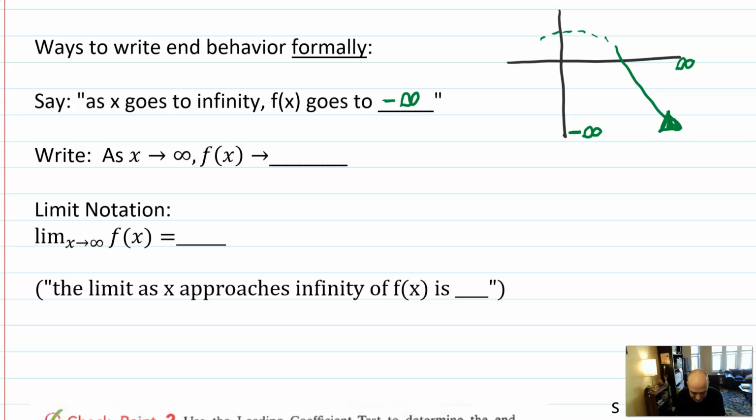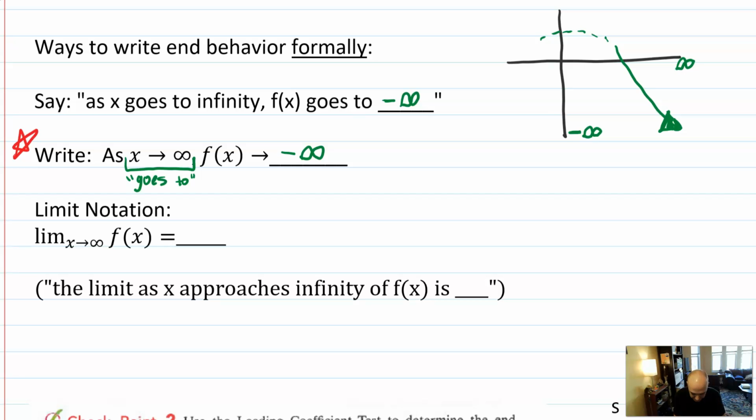What I would write is, instead of writing out the words goes to infinity, I just write x with an arrow pointing to infinity, and that represents goes to. And I can say the same thing, f of x goes to negative infinity. This is my favorite notation for us in pre-calc.